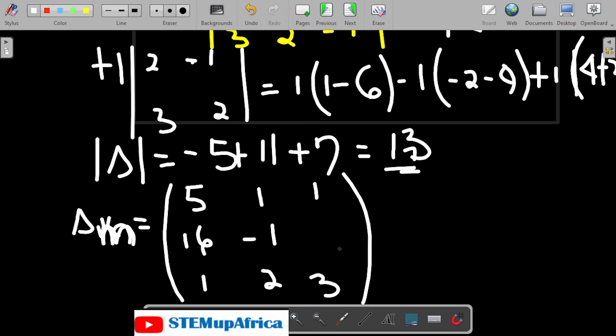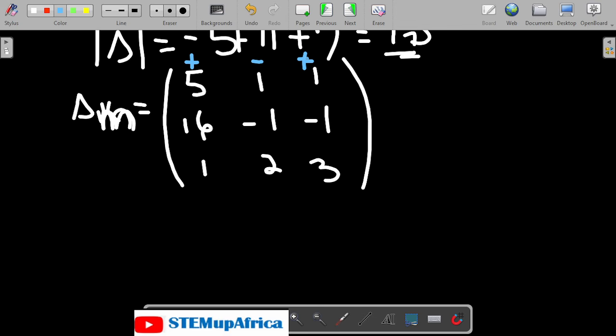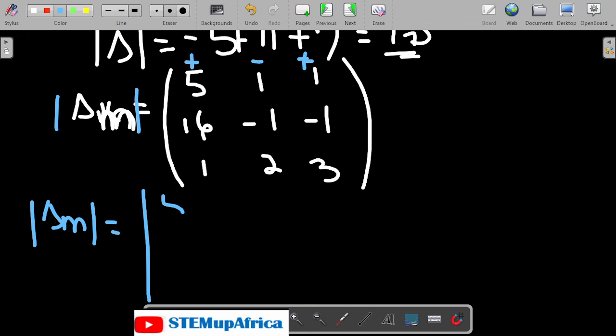Here also remains plus, minus, plus. Do the same thing. The determinant of m equals the determinant 5, 16, 1, 1, minus 1, 2, 1, minus 1, 3.